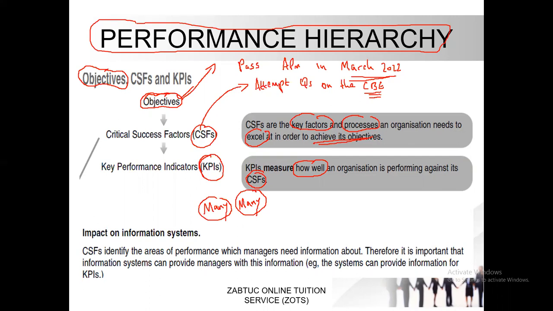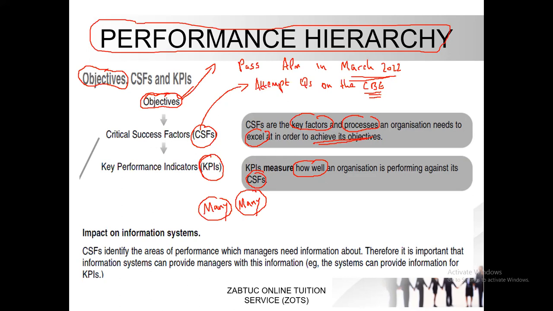KPIs. How many questions have you attempted on the CBE? How many times do you frequent and visit the CBE? That's your KPI. Do you have a record of how many tasks you have performed on the CBE? Depending on your assessment, you'd want to go back to the critical success factor and see how you can improve on the process.